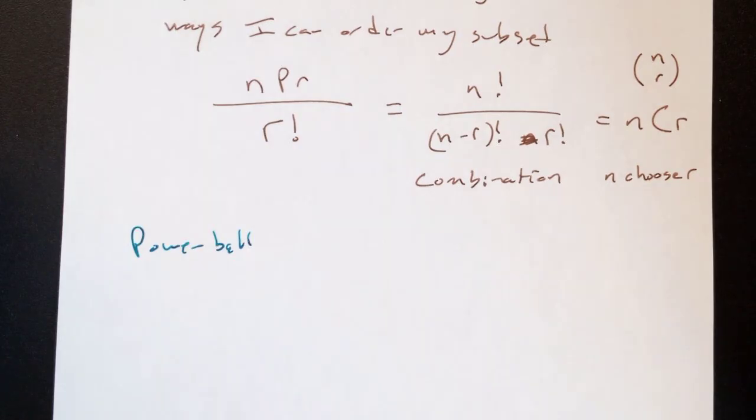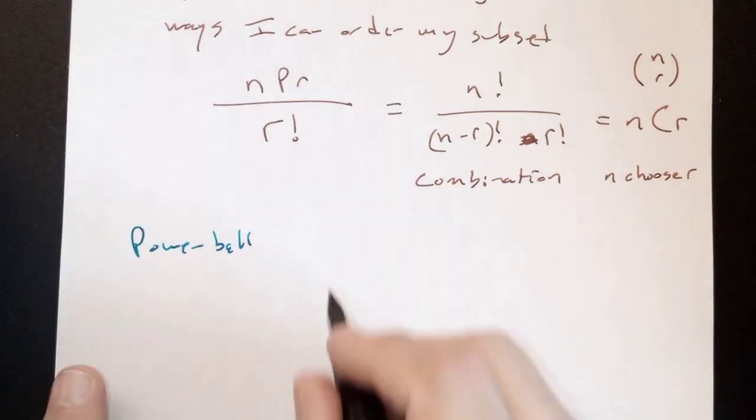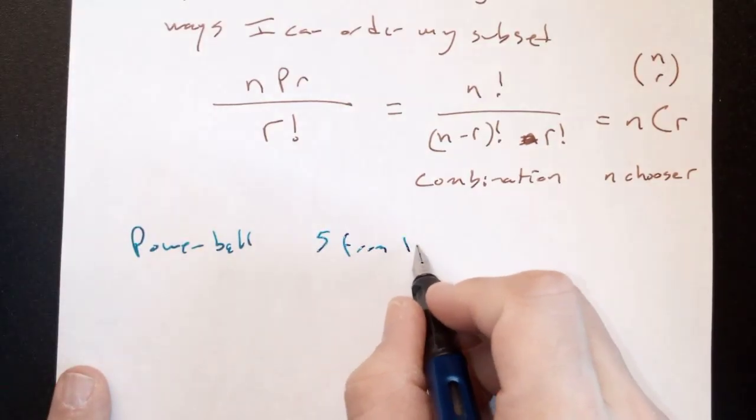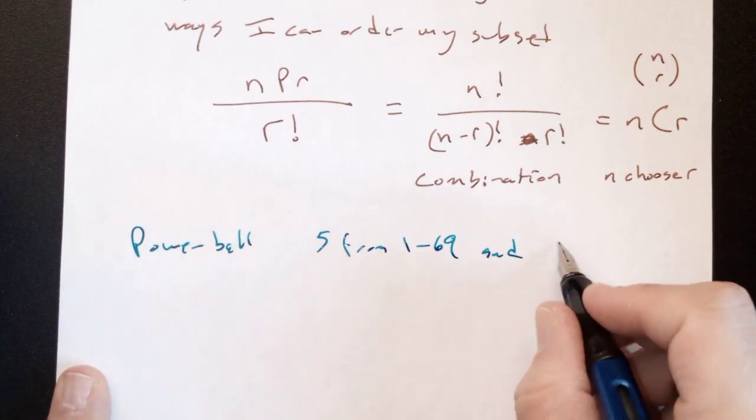It says select 5 numbers between 1 and 69 for the white balls, and then select 1 number between 1 and 26 for the red Powerball.